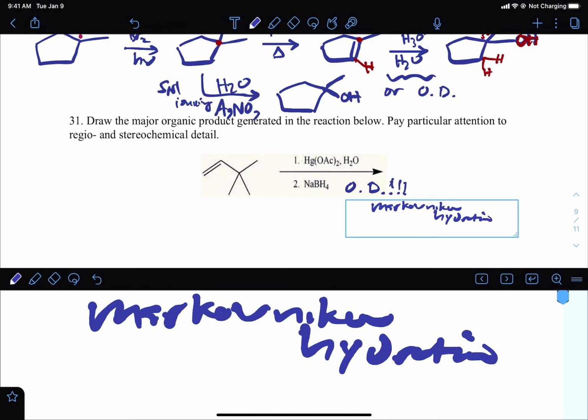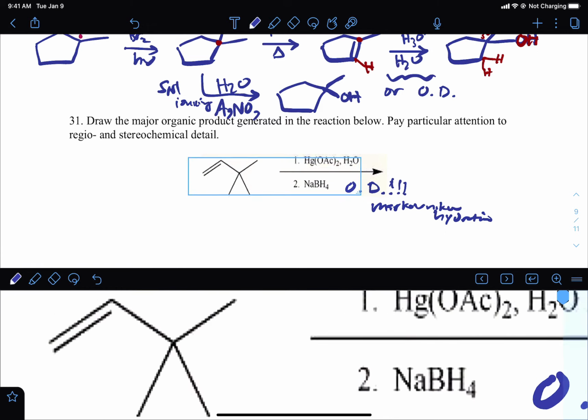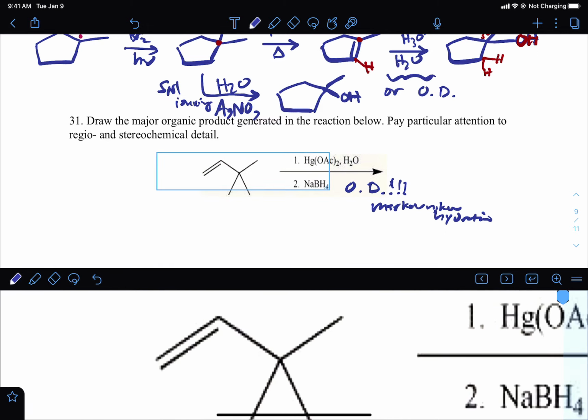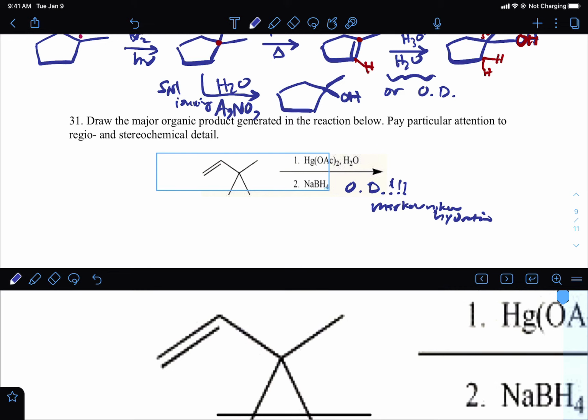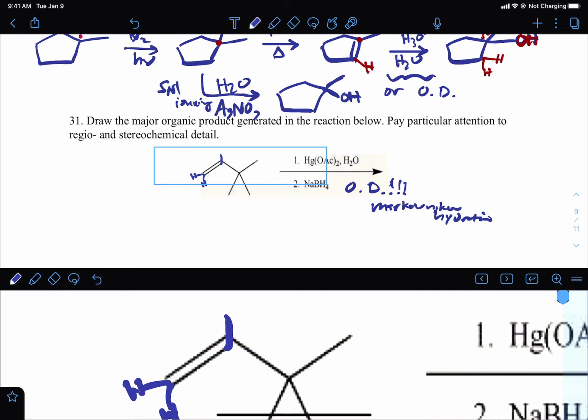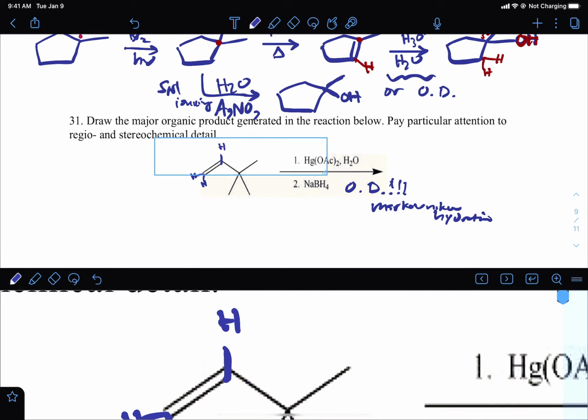Okay. So Markovnikov's rule, okay? Markovnikov's rule says we add the H onto the carbon with the most H's. So we've got 2 H's here. We've got 1 H here. Okay.